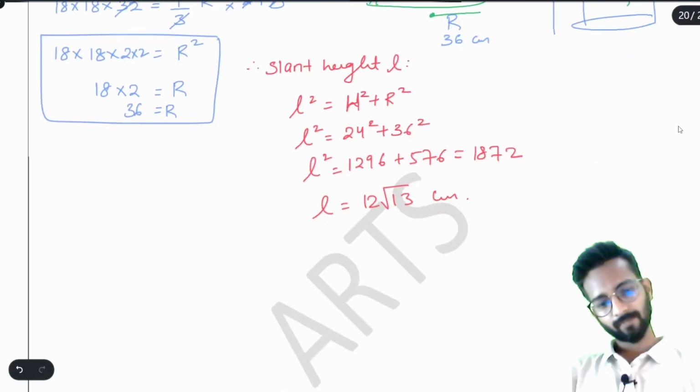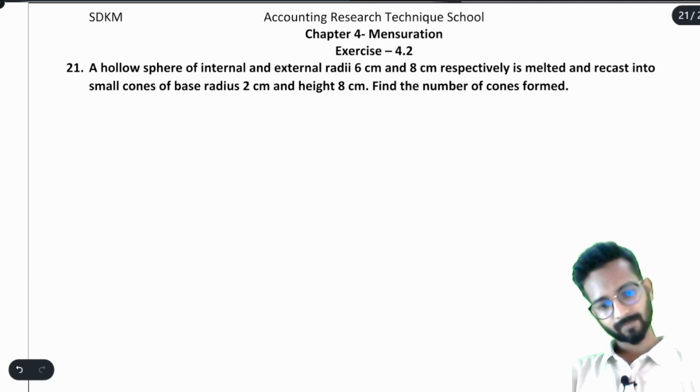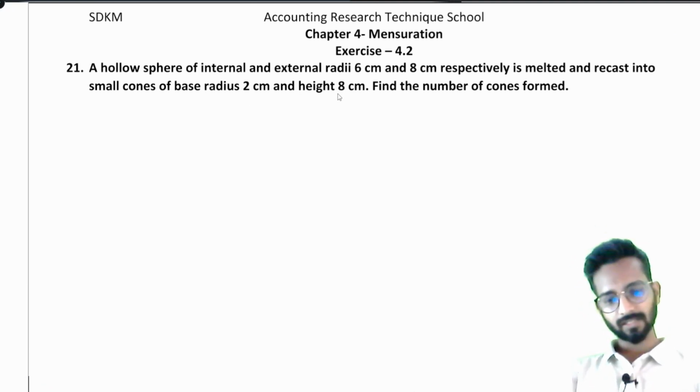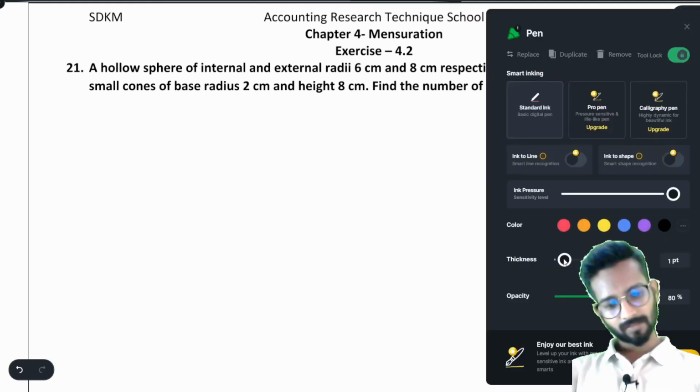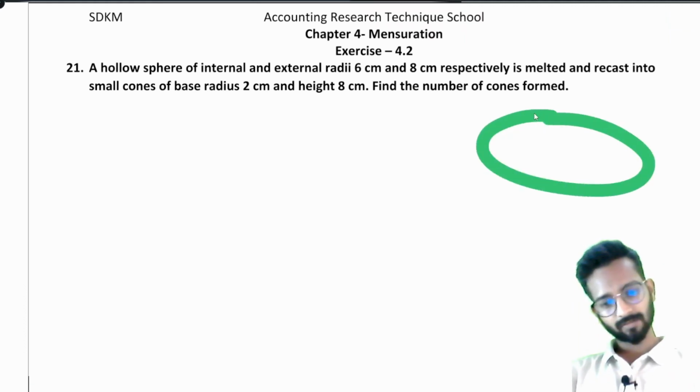Okay, now next question we have here is question number 21. A hollow sphere of internal and external radii 6 centimeter and 8 centimeter. Suppose this is the sphere you have.